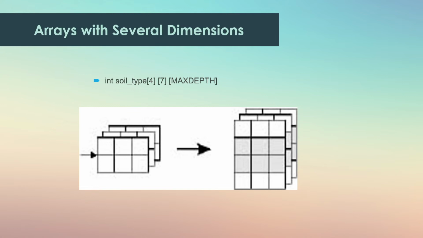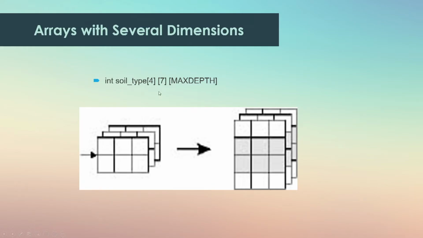What if we need arrays with several dimensions? What is the example we can see here? It is a three dimensional array. Here we can see the values are represented with three numerals, which are actually the dimensions.